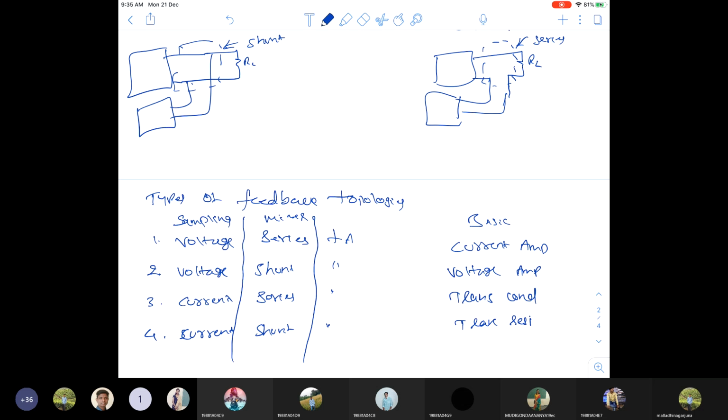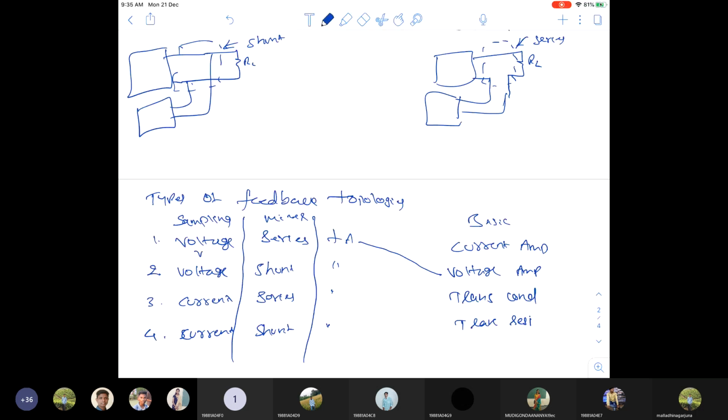For voltage series feedback amplifier, what would be the basic amplifier? Voltage amplifier.